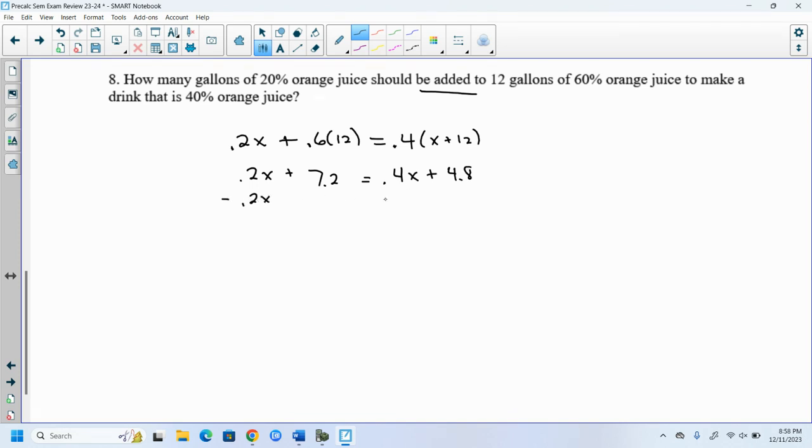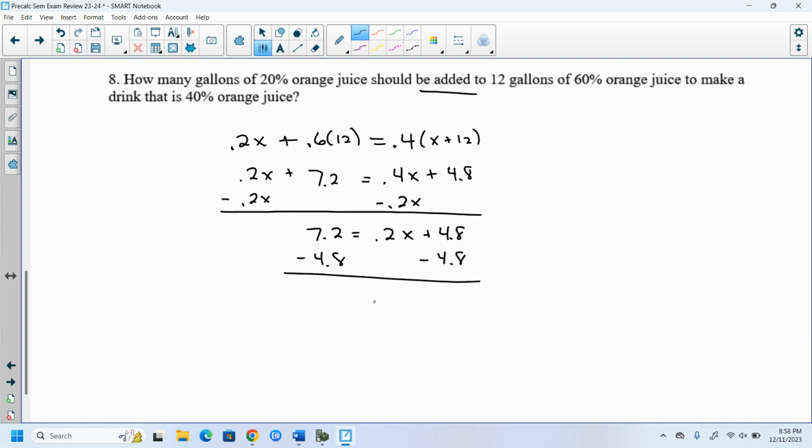Subtract 0.2x, subtract 0.2x. 7.2 equals 0.2x plus 4.8. Subtract 4.8. And I get 2.4 equals 0.2x. Divide by 0.2. You get x equals 12.